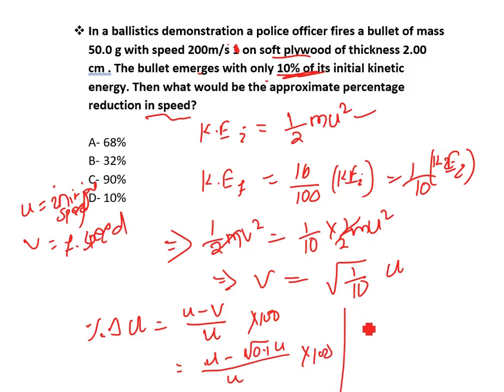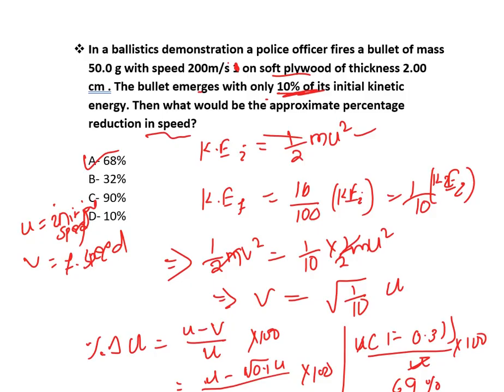Taking u common, 1 minus root over of 0.1, which is 0.31, and u cancels out. Its answer is 0.69 into 100, around 69%, nearly equal to 68%. So the answer for question number 8 is 68%, option A.